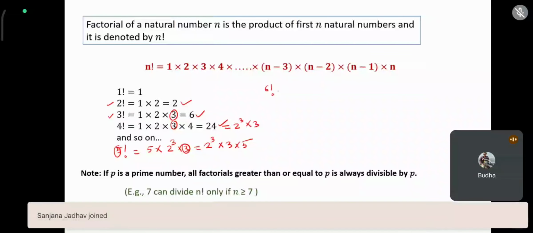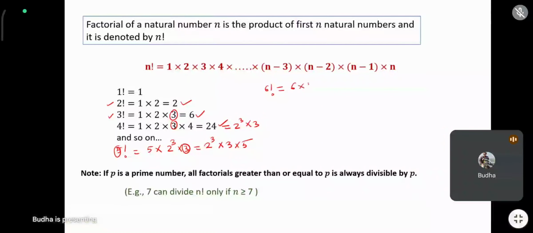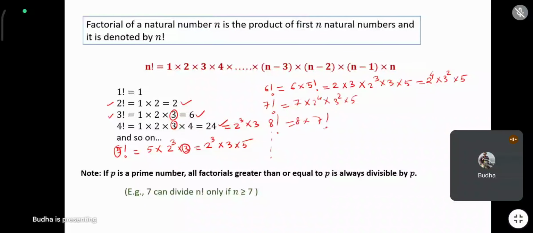For example, 6 factorial is nothing but 6 into 5 factorial, which can be written as 2 into 3 into 5 factorial, and 5 factorial is 2 cube into 3 into 5. So I can say it is 2 raised to power 4, 3 square into 5. Okay. So henceforth, if I go for 7 factorial, it is 7 into 6 factorial, which is 7 into 2 raised to power 4, 3 square into 5. Now henceforth, all the factorials will consist of 7 as a factor.